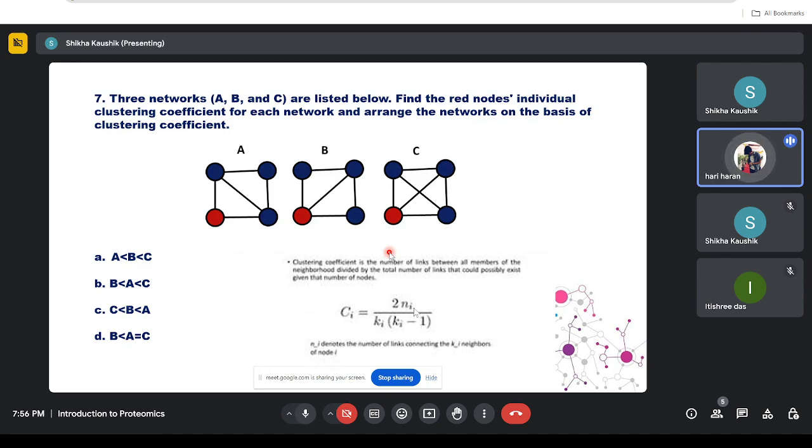No, it should be zero, no? Yeah. So there is no possible direct link. It is very important to look for direct links between the neighbors.